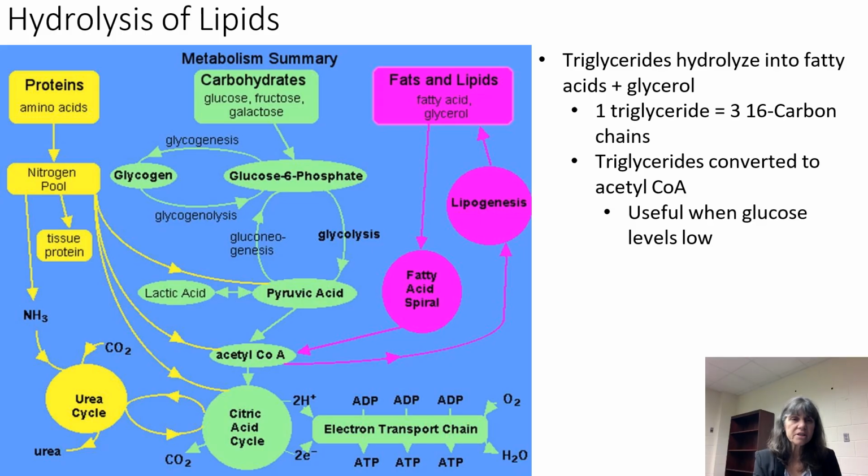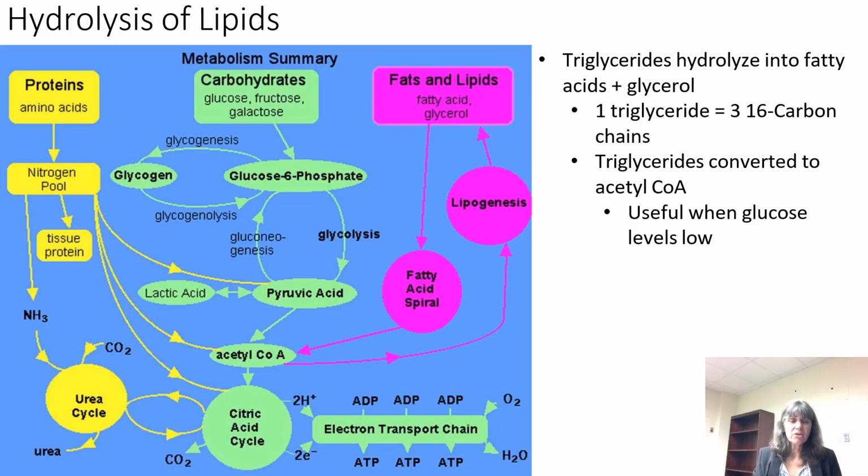If we look at this particular chart, you can see proteins on the far left are broken down into amino acids. Amino acids can be used to rebuild tissue proteins, and the nitrogen portion of the amino acids can be used to make urea.